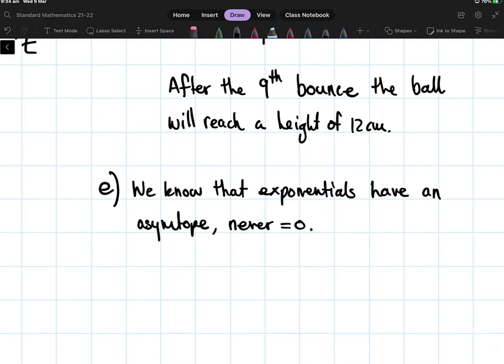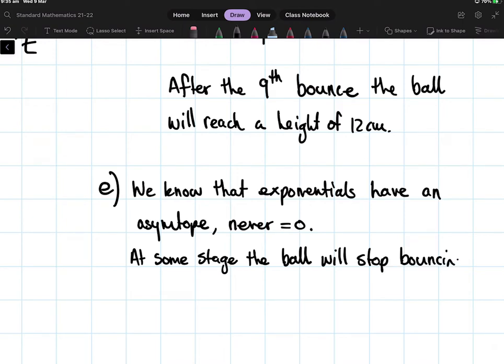All right. However, we know that dropping a ball and a bouncing ball at some stage, the ball will stop bouncing. We know the ball's going to stop bouncing. Science laws, gravity will stop it.